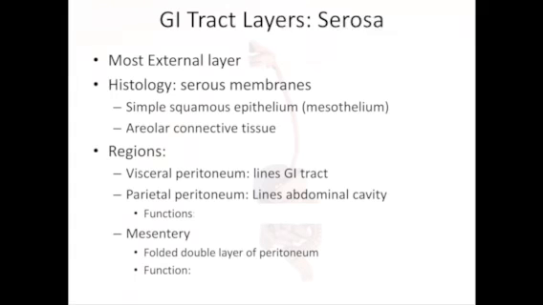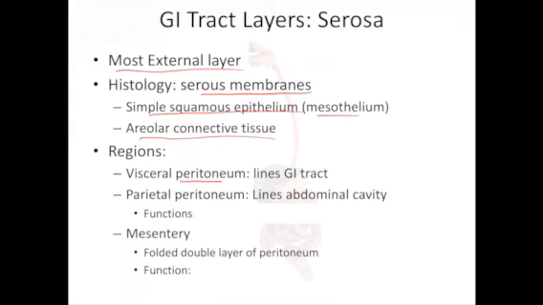And then we have the serosa. This is the most external layer in the GI tract. This is the serous membranes. Just like we talked about around the lungs and around the heart, this is the one around the GI tract. So we have simple squamous epithelium, that's the mesothelium part, and then we have the areolar connective tissue. And again, we have a visceral layer and a parietal layer.